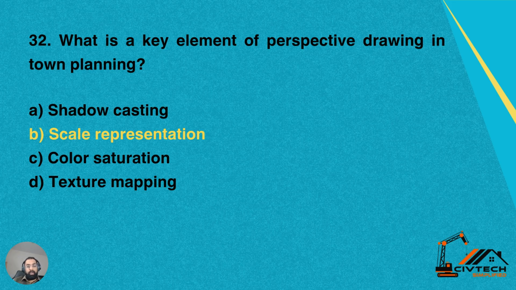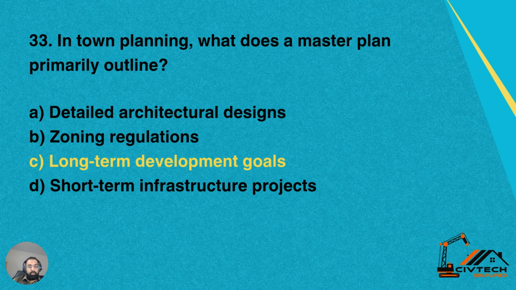The key element of perspective drawing in town planning is option B, scale representation, because scale is very important. It has to be represented on the drawing in order to get proper measurements of the actual site conditions.